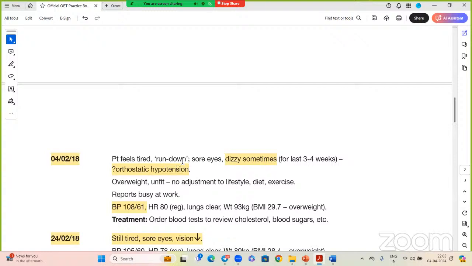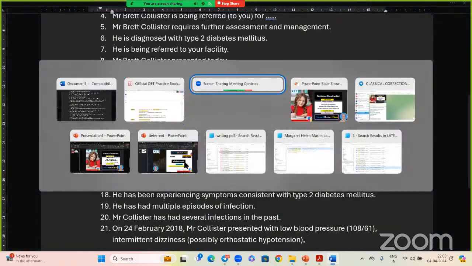Patients feel tired and run down. What do you want to write here? What are the things you can write here? Patients feel tired and run down. Run down means lost everything. What is this condition called?